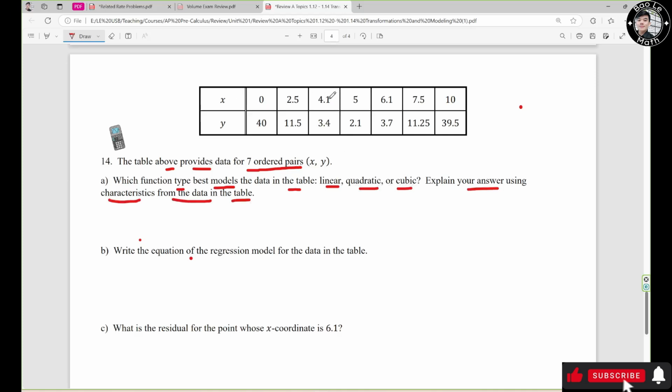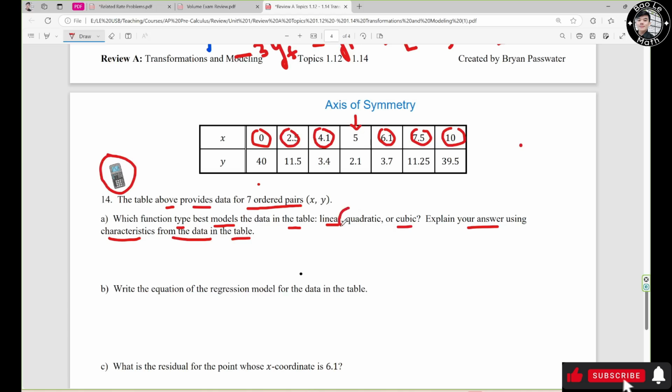We see that this one and this one, if we add them up and divide by 2, it's going to be roughly 5 right here. This one and this one, add them up, divide by 2, roughly 5. This one and this one, add them up, divide by 2, it's going to be this one. So this one is the axis of symmetry. So it should be a quadratic function.